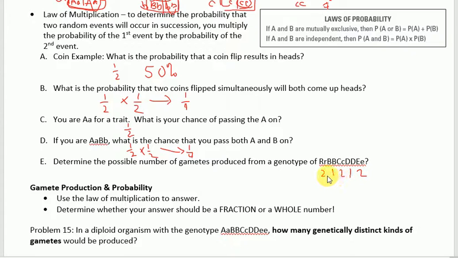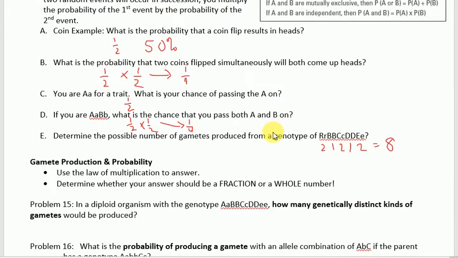If you multiply all of those, 2 times 1 times 2 times 1 times 2, then we're looking at 8. So there are 8 possible gametes. When it says a possible number, it's always going to be a whole number. Remember that. Realistically, you could go through and do Punnett squares just like we did before to figure this out, but there is a simpler way to do it.